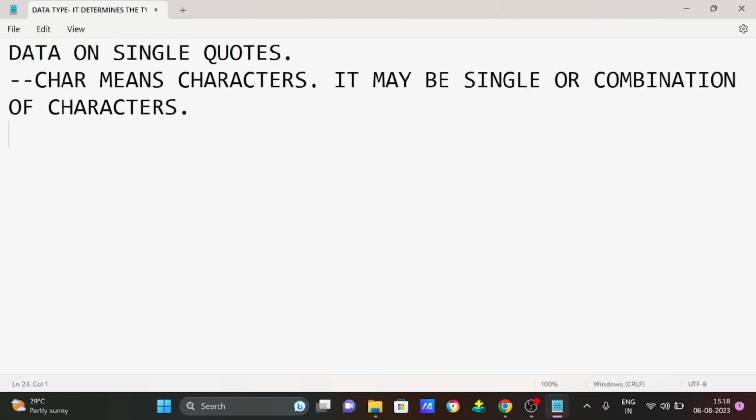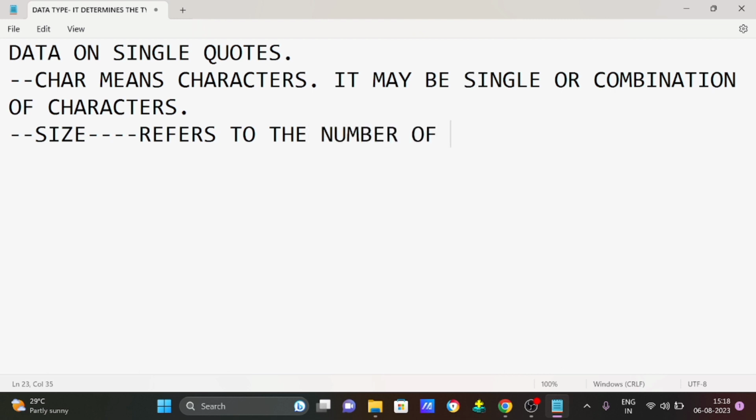Next, now coming to the size. As I said earlier, size refers to the number of characters that can be stored. Now, as I said before in the beginning of the concept, size refers to the number of characters, that is, the size of the characters that can be stored.